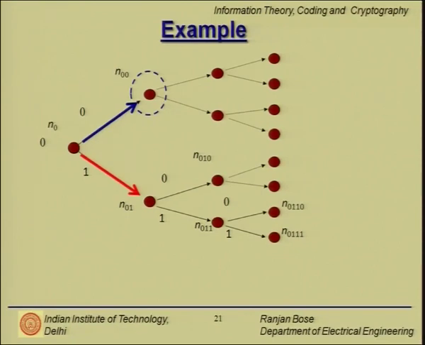Now, what we observe in a binary tree is that whenever we go below onto the further depths of the tree, we keep adding 1 0 0 1, but since we are adding, we lose the condition of being prefix. So, if you have declared the node n 0 0 as a valid code word, no daughter nodes below it can be valid nodes for code words.